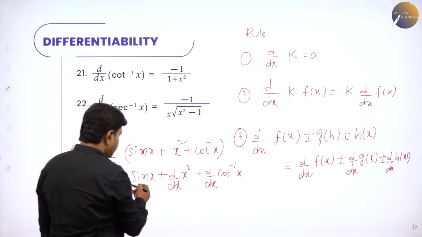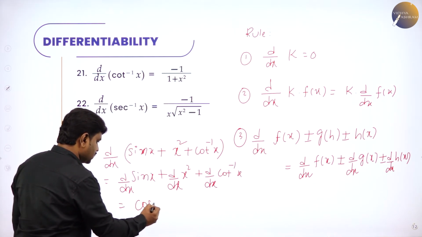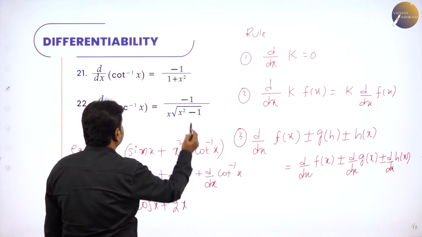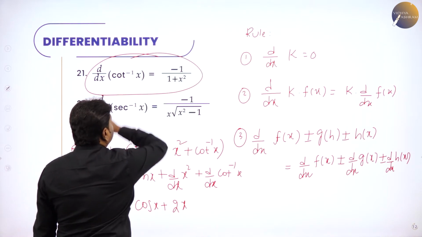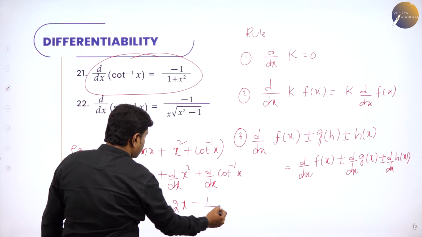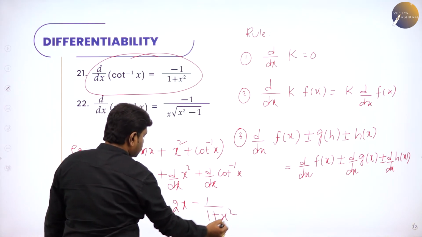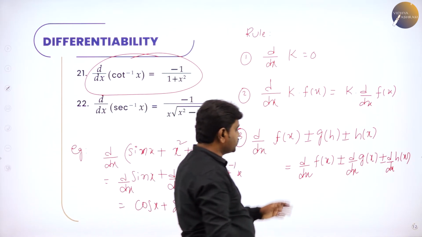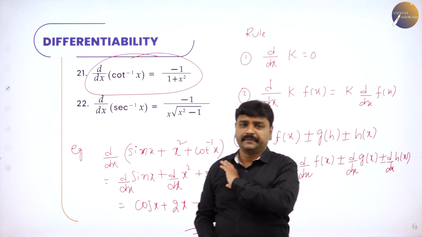And all of you know d by dx of sin x is cos x. D by dx of x power n is n into x power n minus 1. D by dx of cot inverse x I wrote here: minus 1 by 1 plus x square. This is the format. When you have plus or minus functions, you can apply for each function.